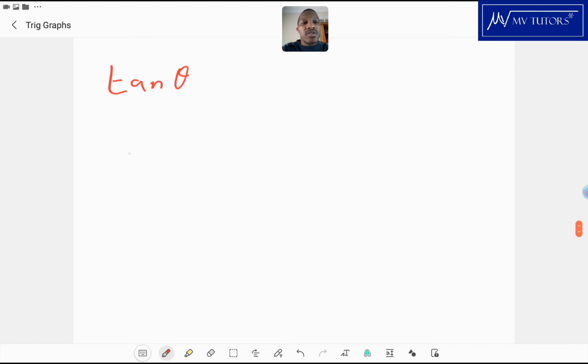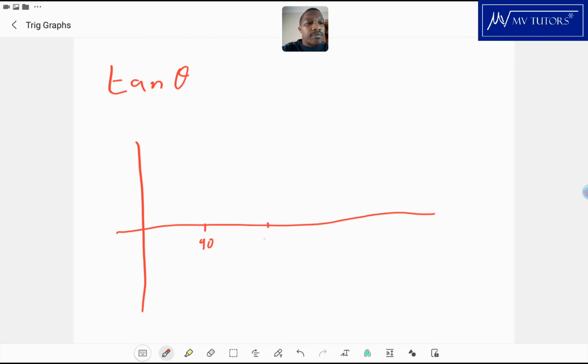Now, the normal tan graph is like this. It also has 90, 180, and then we have 270, and then we have 360.